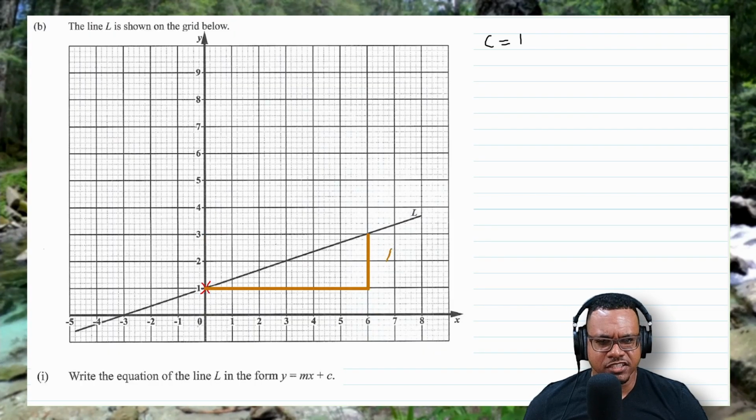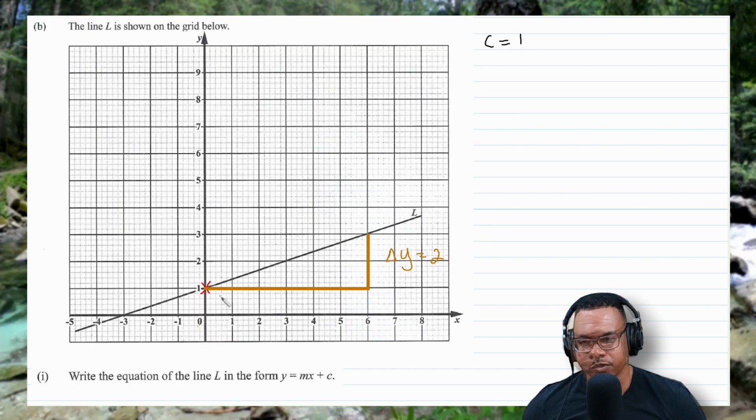So for my change in y, I'll simply count the blocks. All right, we have 2 blocks here. My line is sloping upwards, so I know I have a positive gradient. So my change in y is equal to positive 2. Then I'll count the blocks here for my change in x, which is from here, 1, 2, 3, 4, 5, 6.